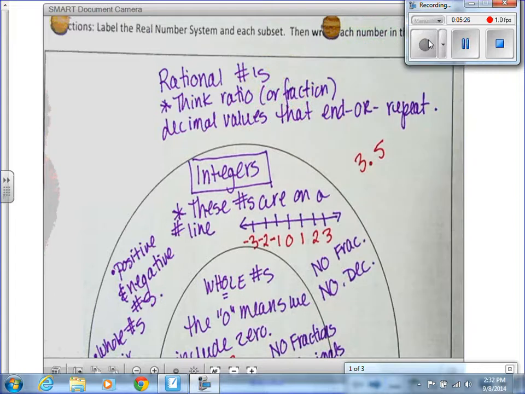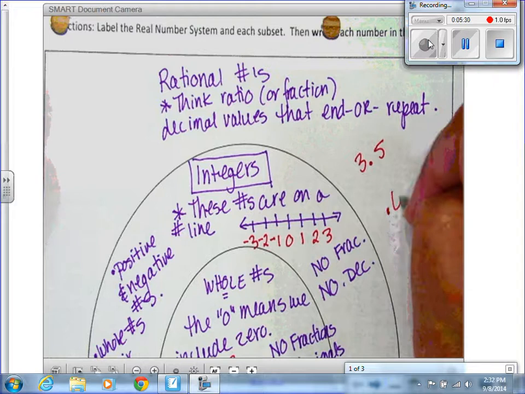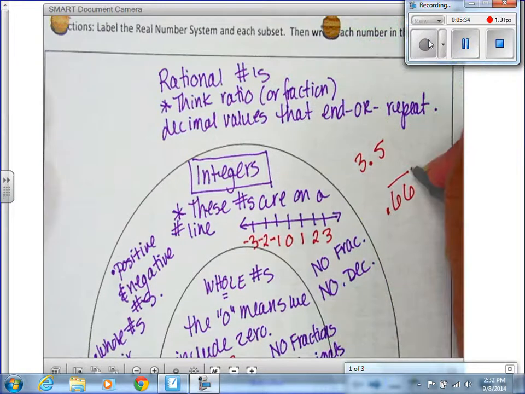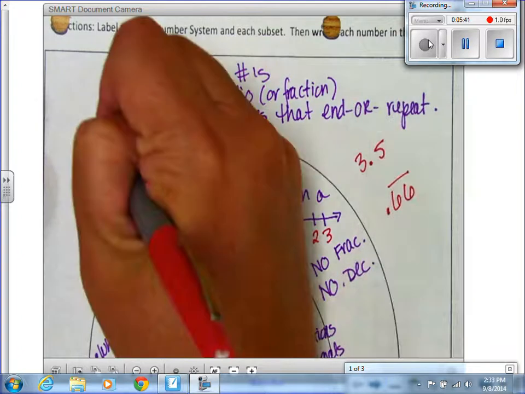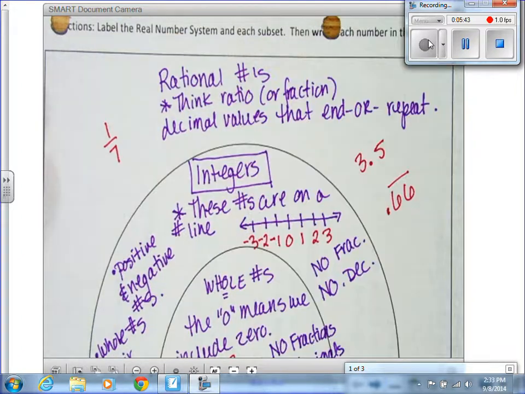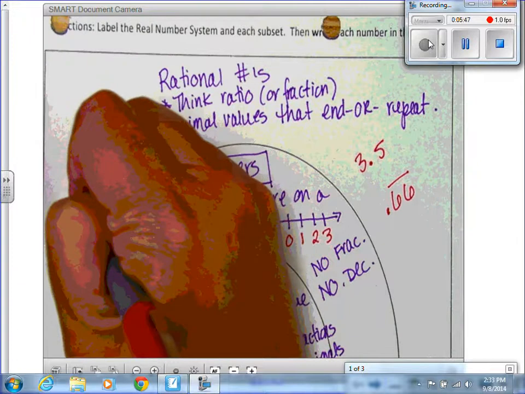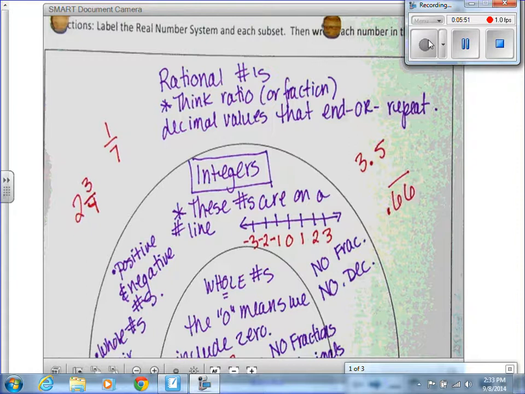There's a decimal value that ends, or I might have 0.66 repeating. The bar across the top, remember, it means to repeat. Also, again, fractions. So we could have 1/7, or we could have 2 3/4. All of these would be our rational numbers here.